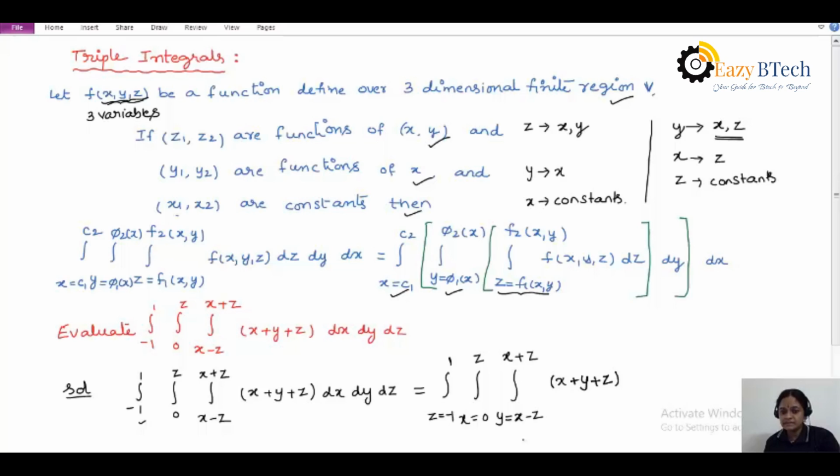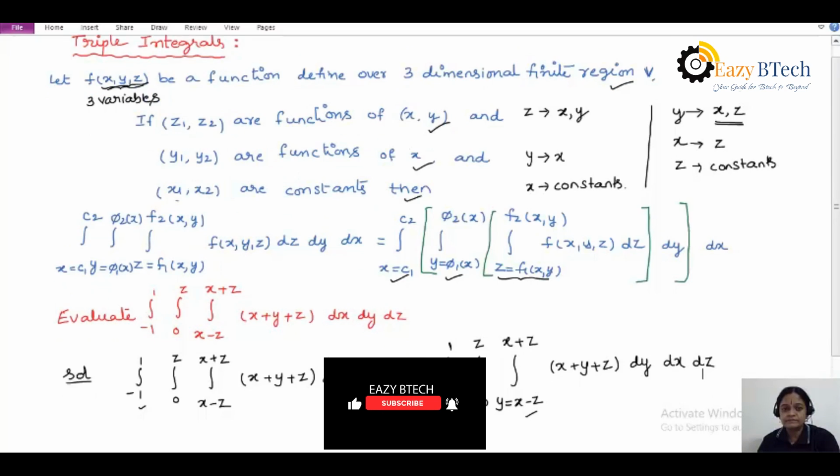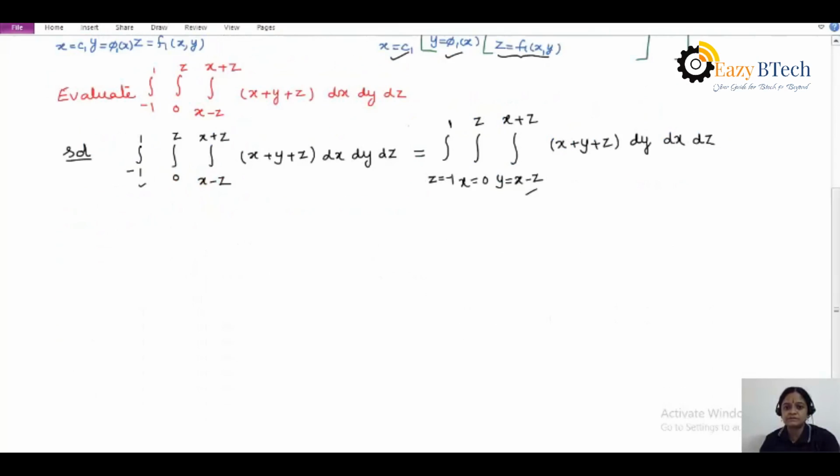At first the integration is with respect to y, then with respect to x, and last with respect to z. So now doing the integration. At first, the integration is with respect to y, students.